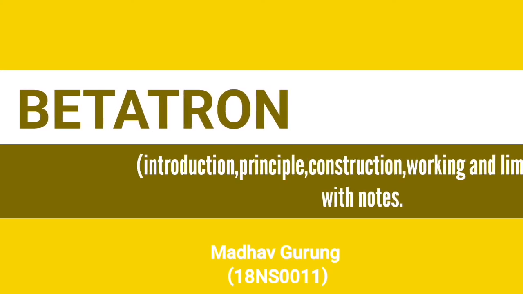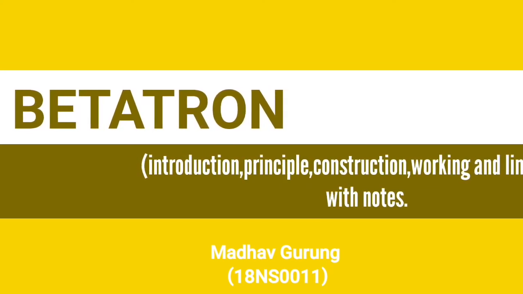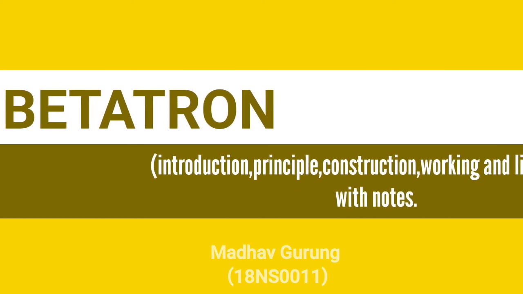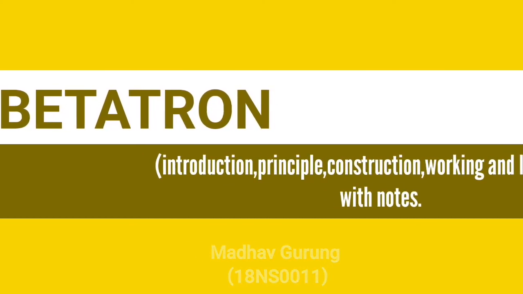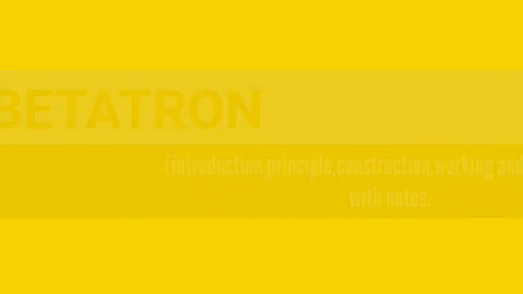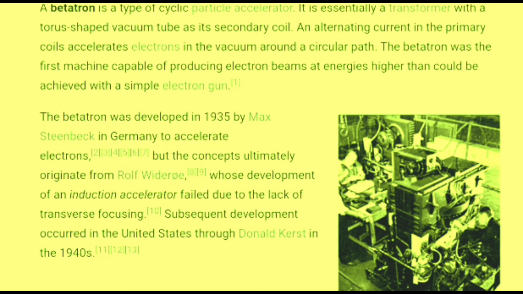So today in this video we are going to learn about the introduction, principle, construction, working and the limitations of a Betatron. A Betatron is a type of cyclic particle accelerator.